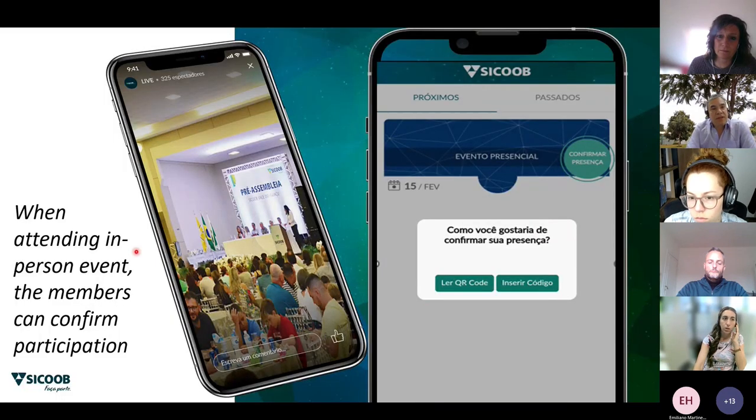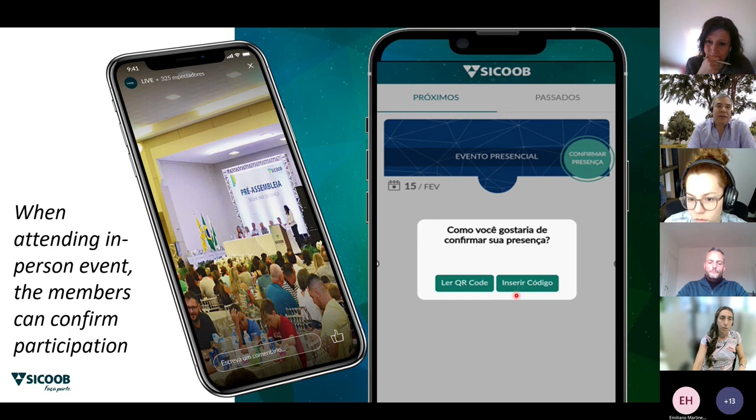When attending an in-person event, the members can confirm participation. In 2019, we had in-person events, and the people can confirm their presence by reading a QR code, or by inserting a code.